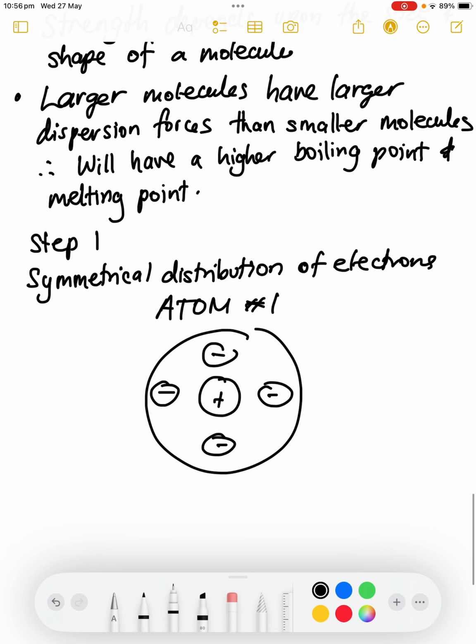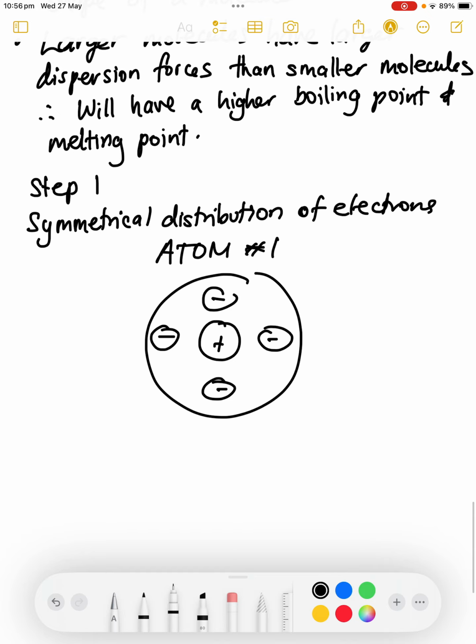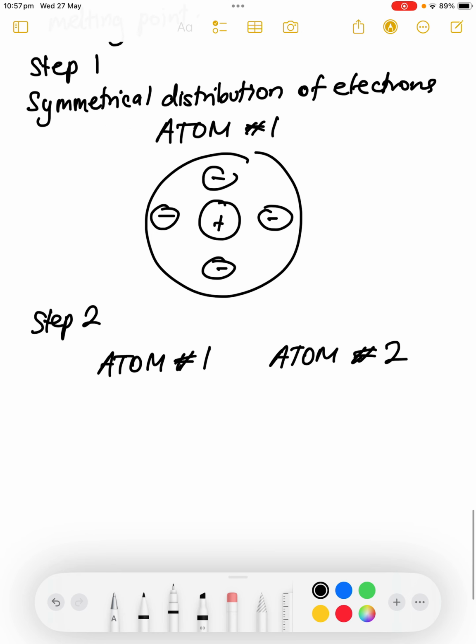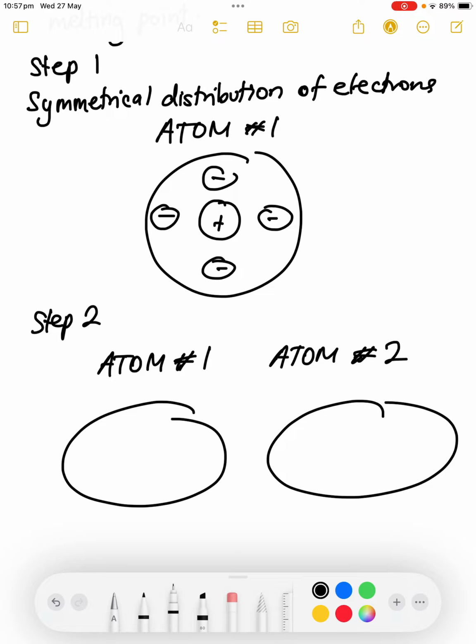Okay. Now, what happens in London dispersion forces, the next step pretty much, is that now we've got two atoms, atom 1, atom 2, and there's going to be an induced dipole due to that asymmetry. And that will look such as this.